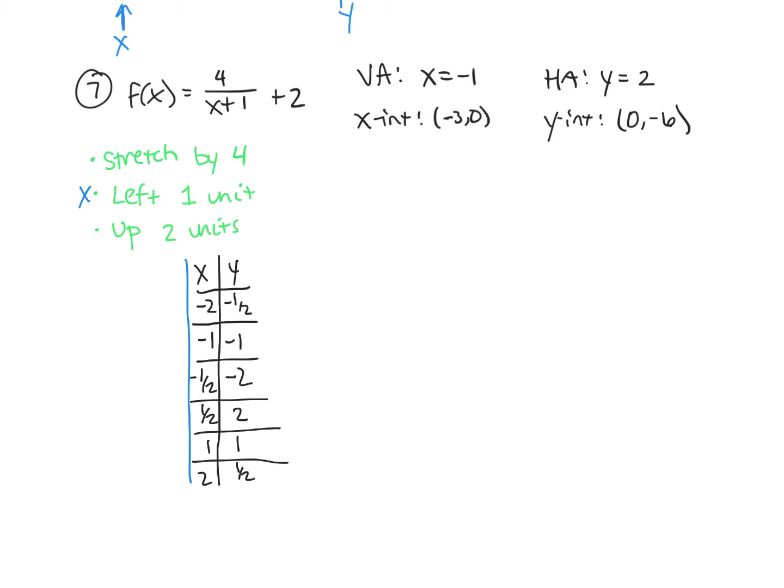So for my transformation table, I'm going to subtract 1, flip that sign. When I subtract 1 from all these values, I get -3, -2, -1.5, -0.5, 0 and 1. So that's all of my new x values.